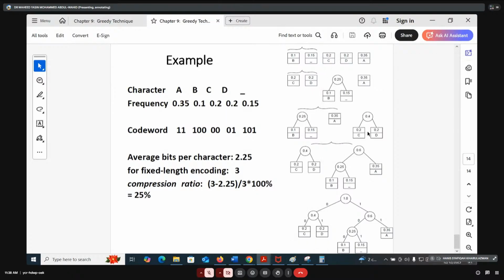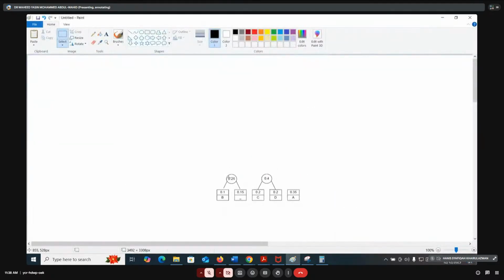So here 0.4. Now 0.35 and 0.25 will be how much? 0.6. Okay, we'll go back here. 0.25 and 0.35 will be 0.6.